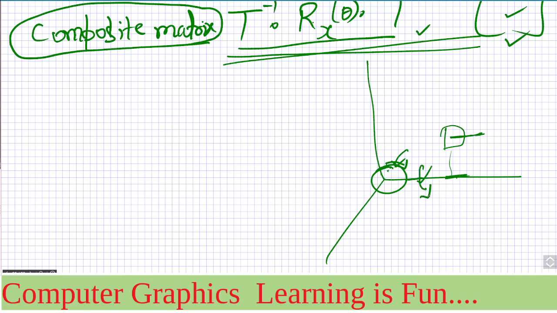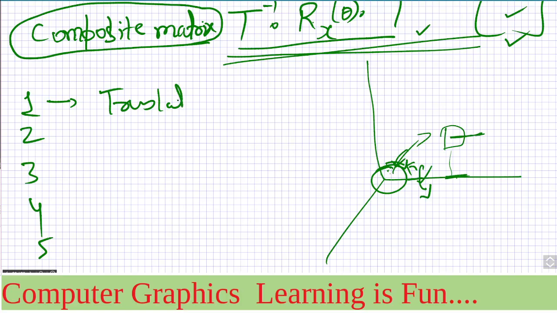Then do the reverse: undo the alignment rotation, and then retranslate it to the original position. Simple thing. Earlier there were 3 steps, now there will be 5 steps, right? 1, 2, 3, 4, 5. The first step will be translation, bringing the object to the origin.